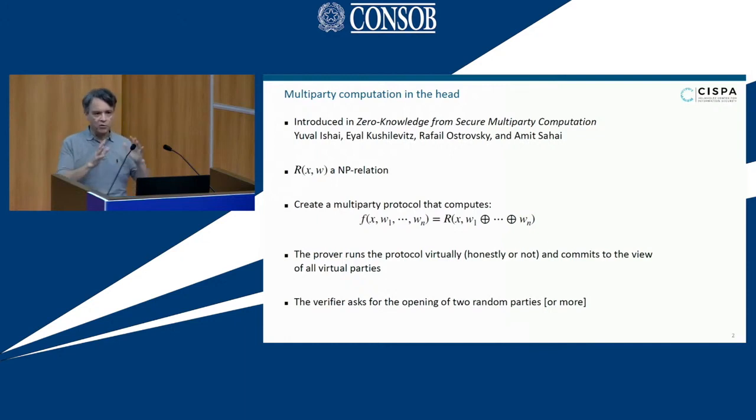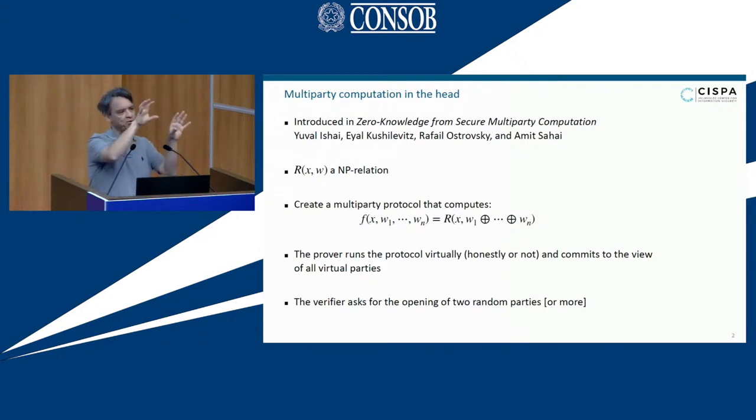The idea is that now you have a prover and a verifier, and you want to do, let's say, zero-knowledge identification. And the prover is going to take this multi-party computation and just run it, what we call in its head, by emulating, as if we were running on a virtual machine.